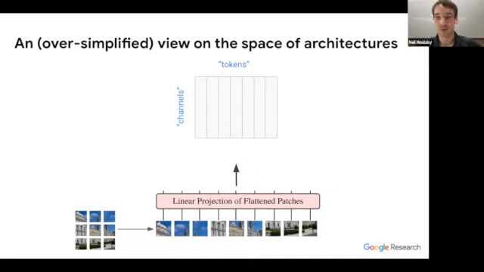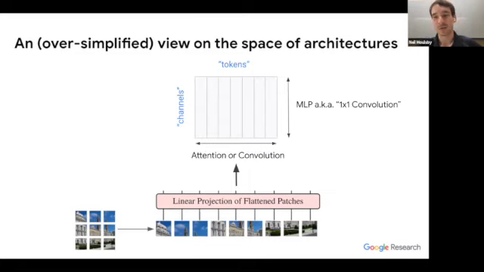And when you run a CNN or a transformer, you have two kinds of layers. You have those that operate on each token independently and just mix the signal within the channels. This is called MLP in a transformer. It's called one-by-one convolution in a ResNet, but it's the same thing. And on this other axis, you have either convolutions, and the hundreds of variants of convolutions, or self-attention.